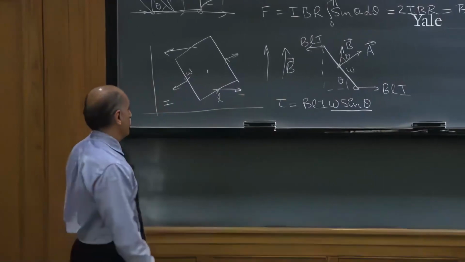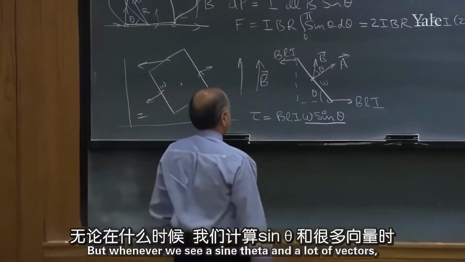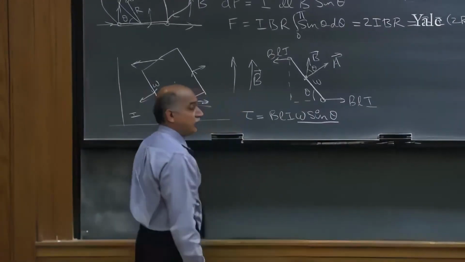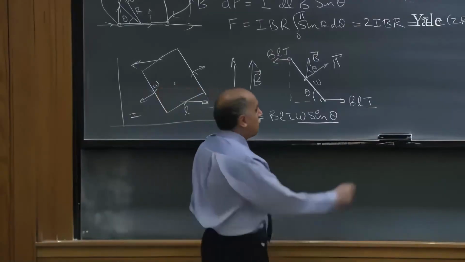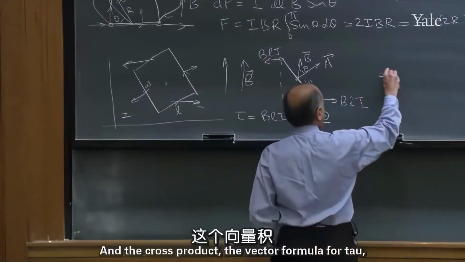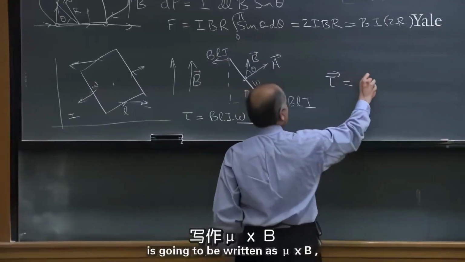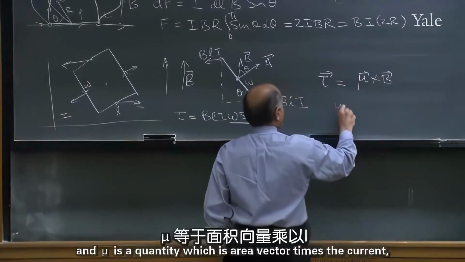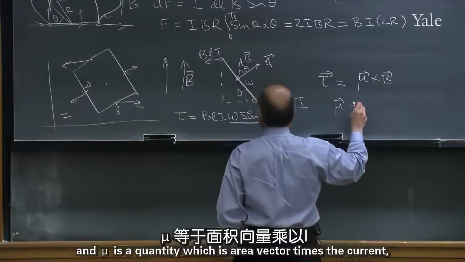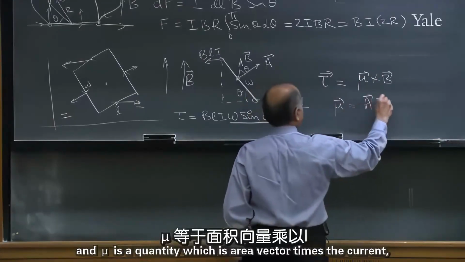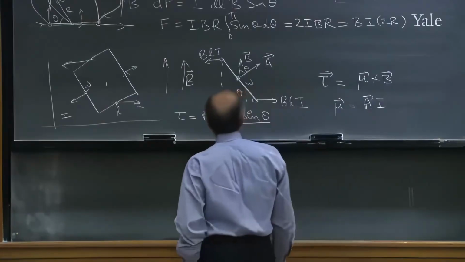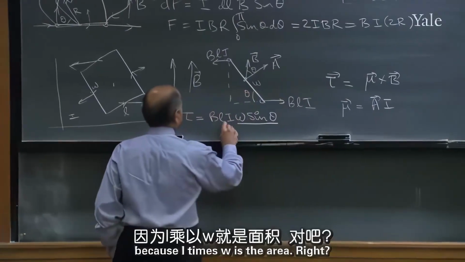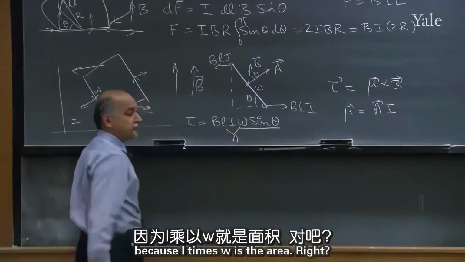So that's the torque. But whenever we see a sine theta and a lot of vectors, we know we're looking at a cross product. And the vector formula for tau is going to be written as mu cross B. And mu is a quantity which is area vector times the current, because L times W is the area.